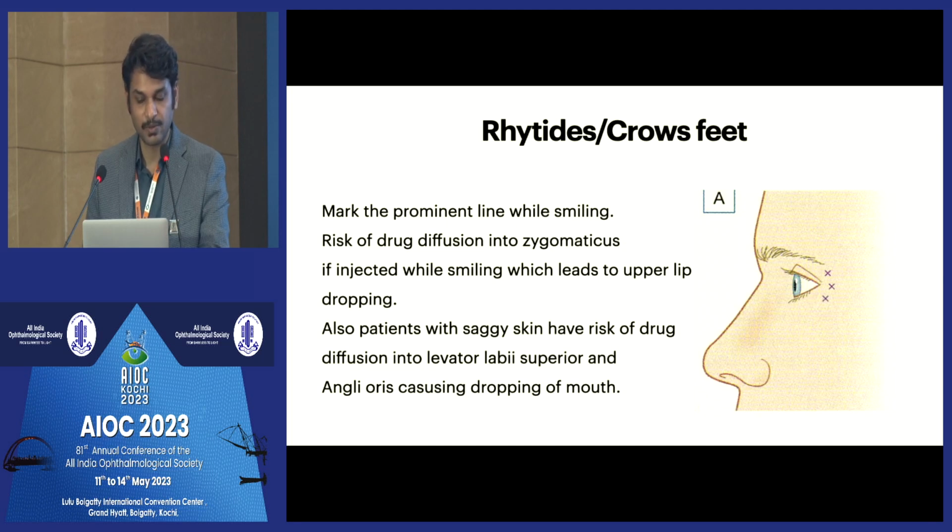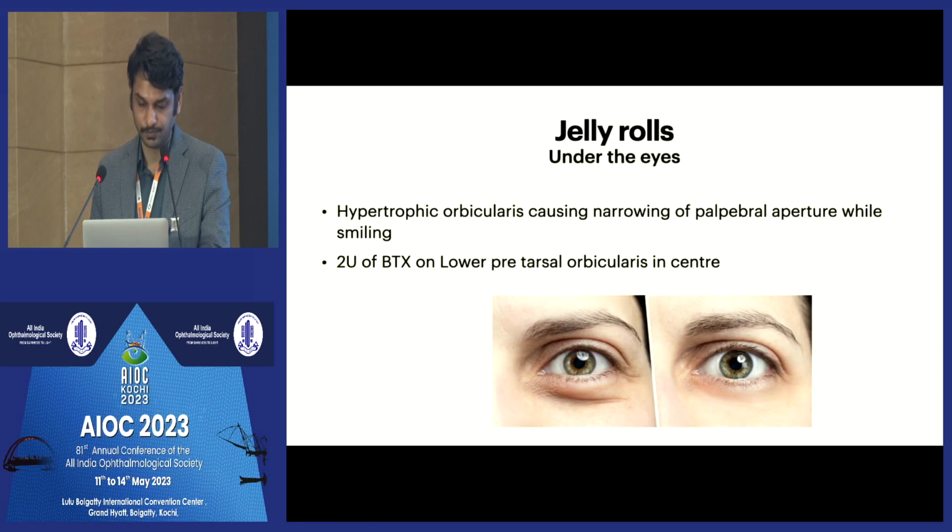The side effect will then be upper lip drooping, causing a defect in the smile. Also, you should look out for patients who have saggy skin, as there is a risk of drug diffusion into levator labii superioris and levator anguli oris, causing drooping of the mouth.